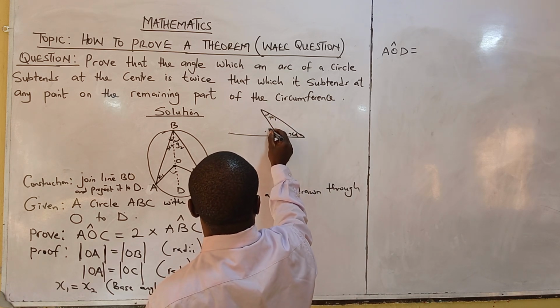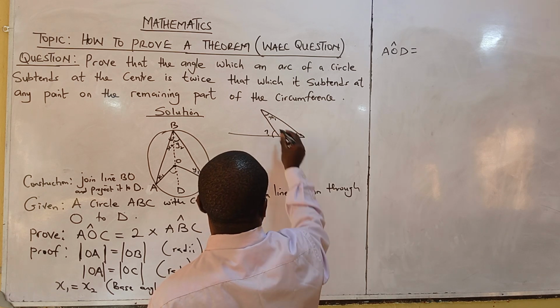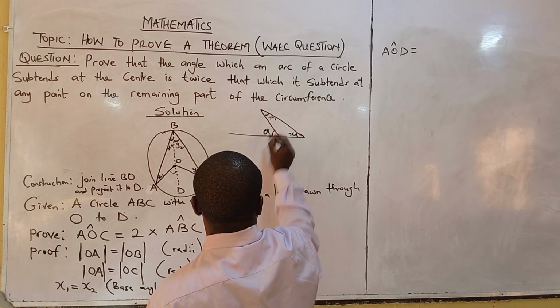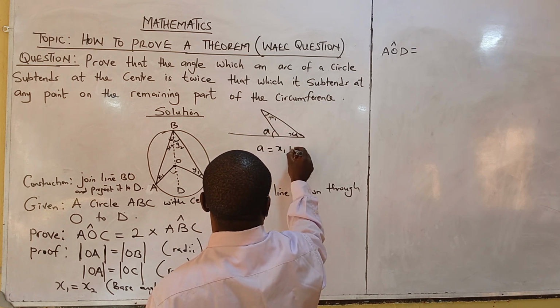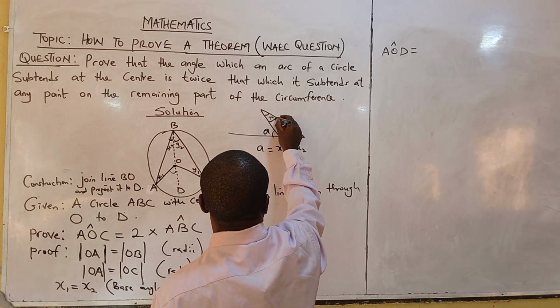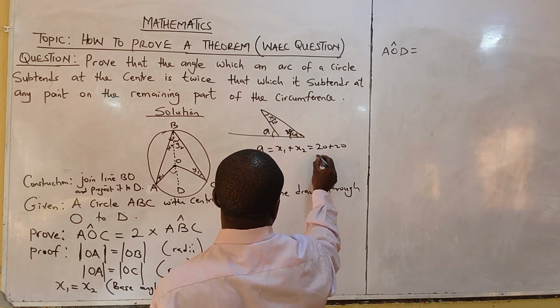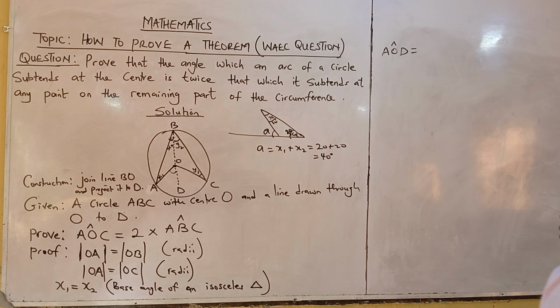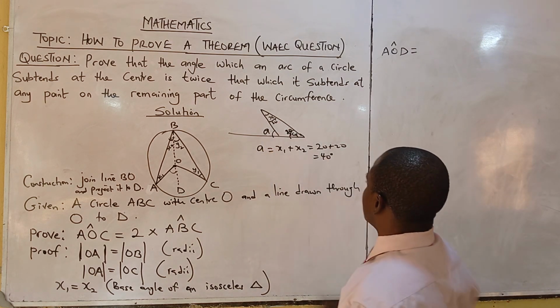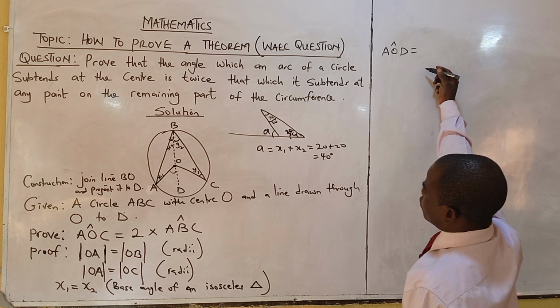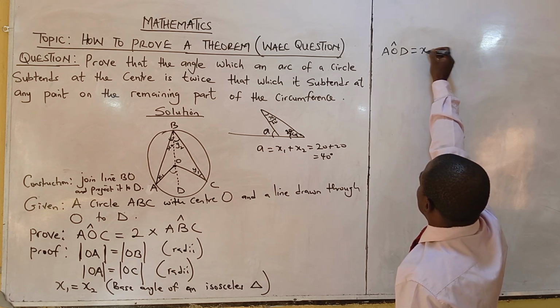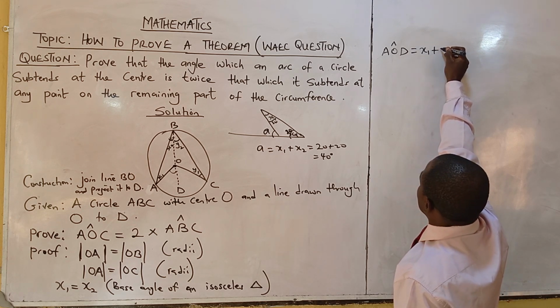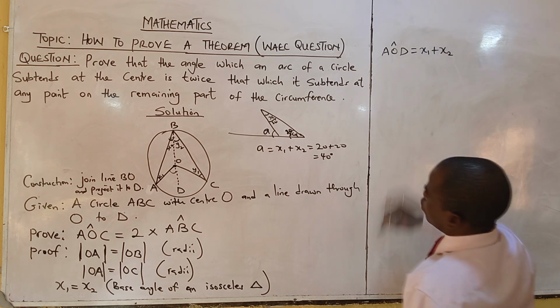This angle in particular equals x1 plus x2. If you have a value here to be 20 and a 40 degree, you have to add them together to give you what is outside. Now say equals x1 plus x2.